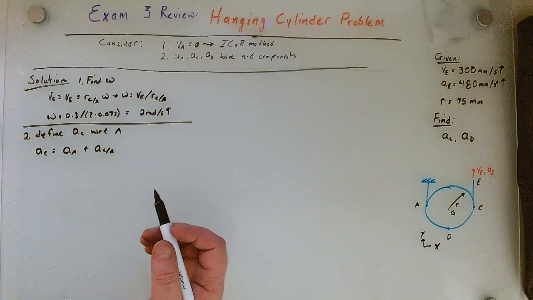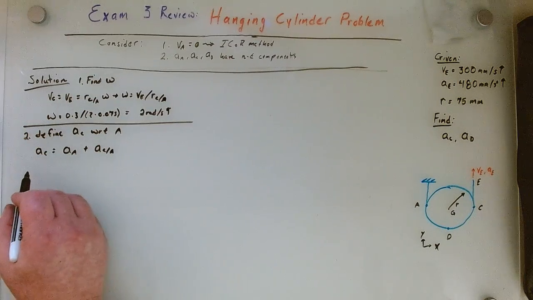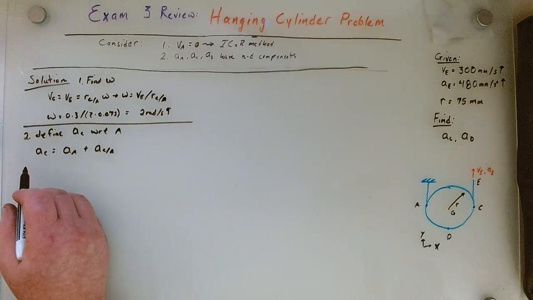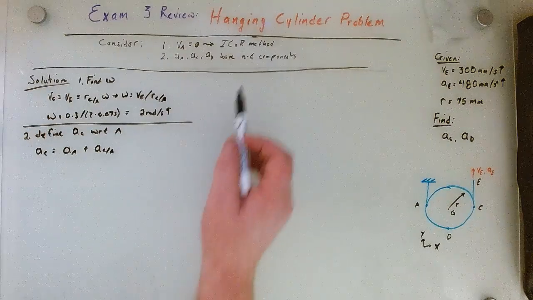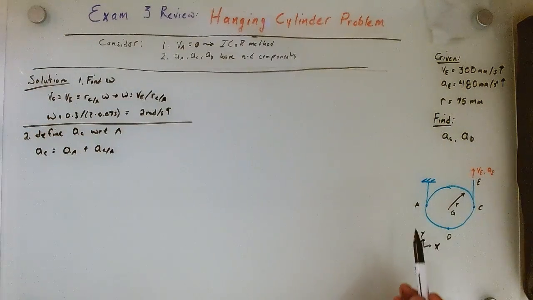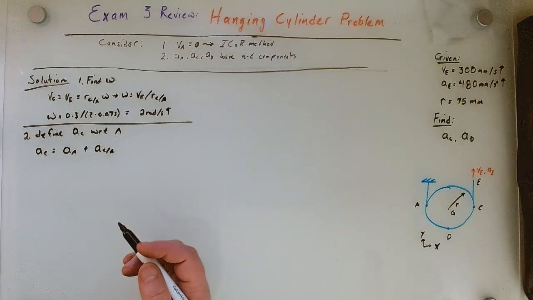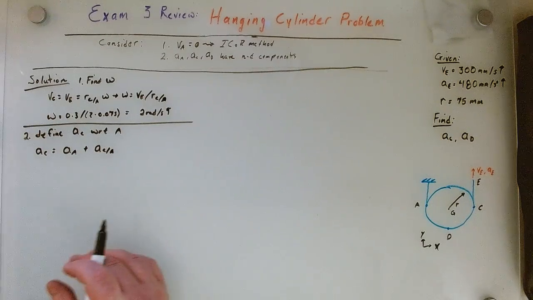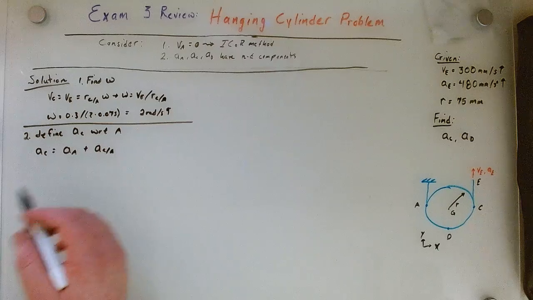So we need these in terms of components, right? a sub C has an x and a y component. I note that there are n and t components, but because the n component of these is going to be in a different direction, we need a coordinate frame that allows us consistency. So we use x and y.